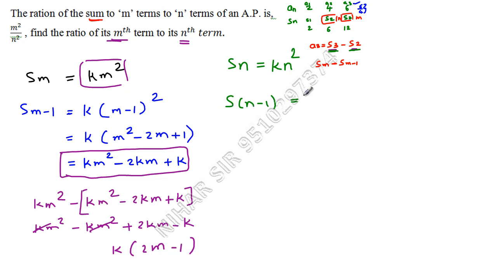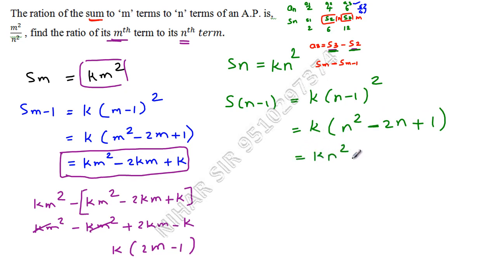So this will be K into bracket n minus 1, whole square. Now I will expand this, a square minus 2ab plus b square. So n square minus 2n plus 1. Now this K is with all the terms, so Kn square minus 2Kn plus K.